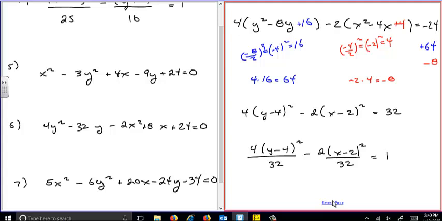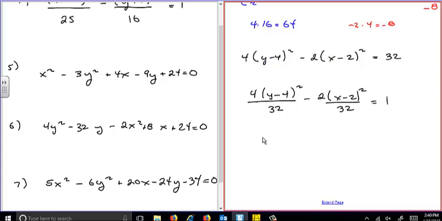And then I'm going to do this reciprocal thing. So I get y minus 4 squared over 32 divided by 4 minus x minus 2 squared over 32 divided by 2. So this goes down there. This equals 1.